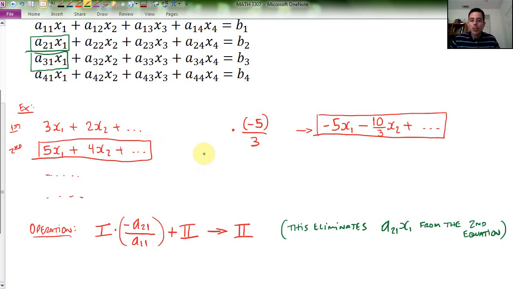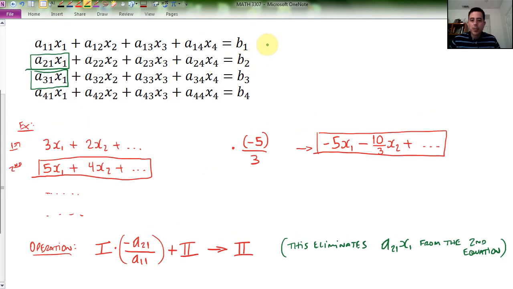Well, if you look at the same idea here, a very similar idea, we multiply the first equation by the reciprocal of a11, so it's 1 over a11, and then the opposite of a31. So we multiply the first equation by that, and then we add to the third equation. Okay, so if we do that, then the coefficient of x1 here will become negative a31, and when we add that to the third equation, because the coefficient of x1 in the third equation is a31, it gets eliminated because the coefficient becomes 0.